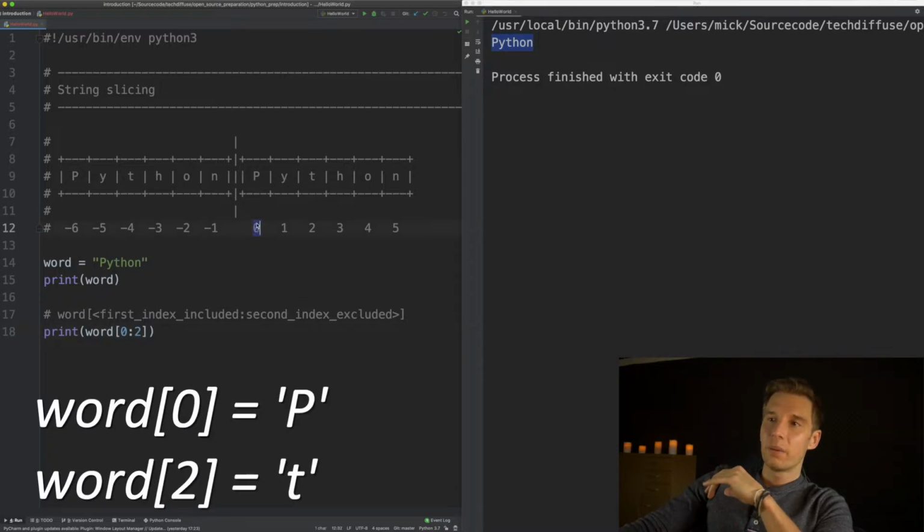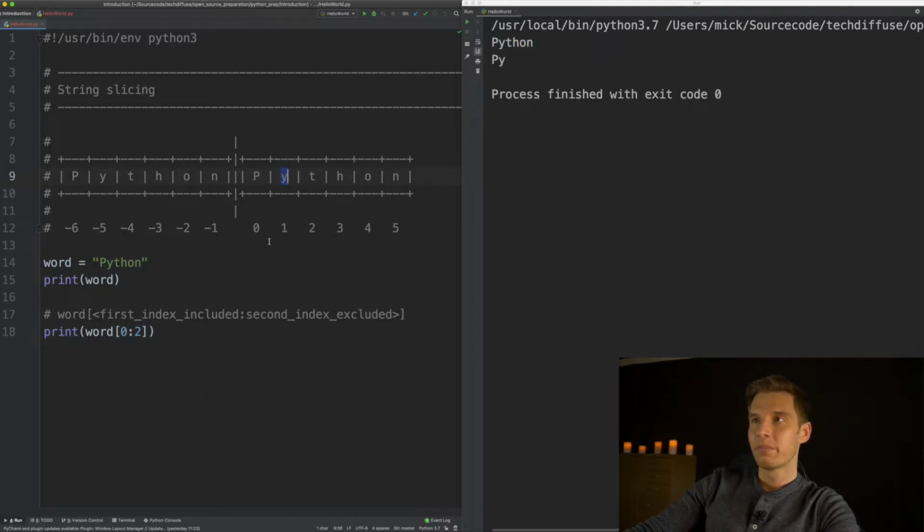We start with 0, 0 is equal to P, and we end with 2, 2 is equal to T. Alright, so we go from P, Y, and T. But as we said, the first index is included, and the second index is excluded. So what happens? P is included, Y is included, T excluded. So we expect as output P and Y. And this is exactly what happens. We have P and Y printed out.